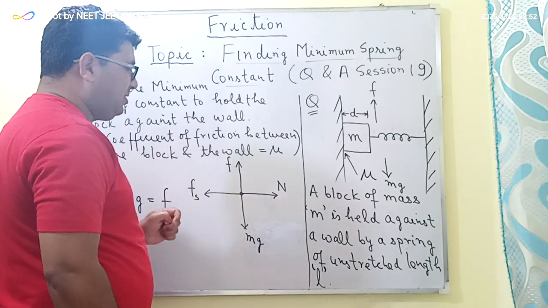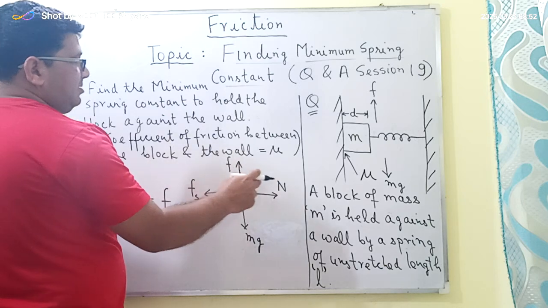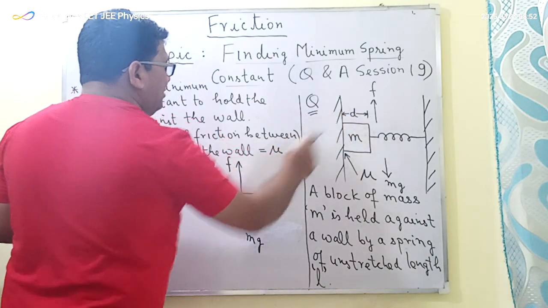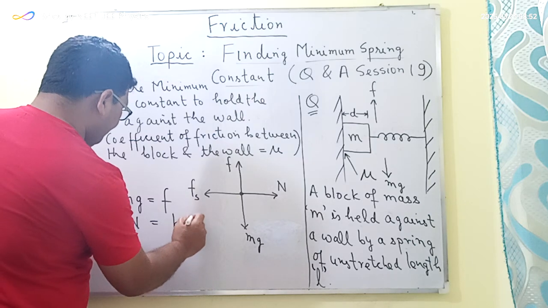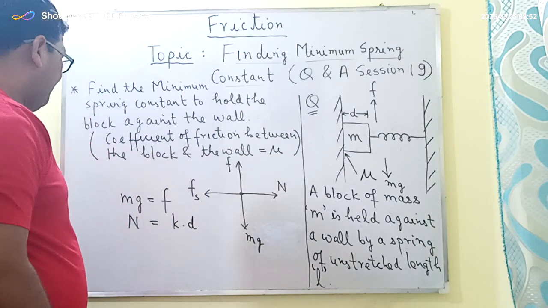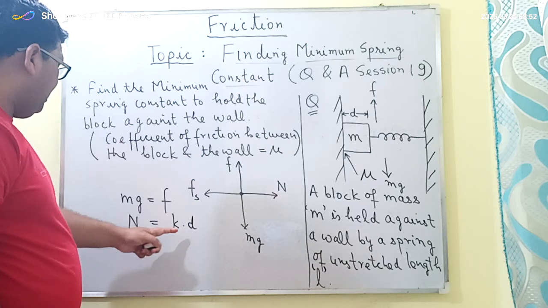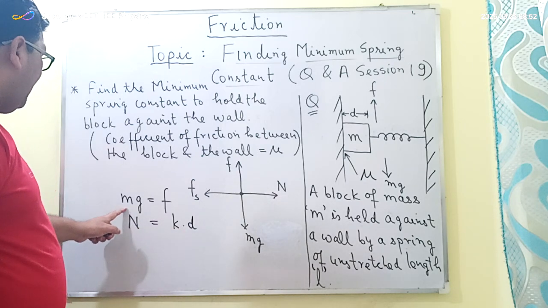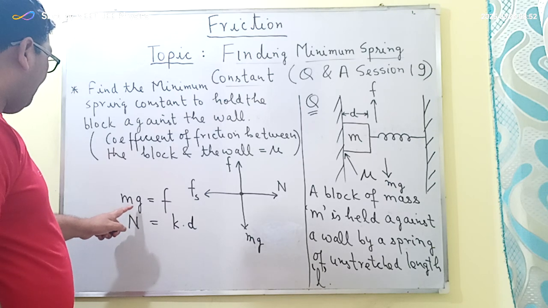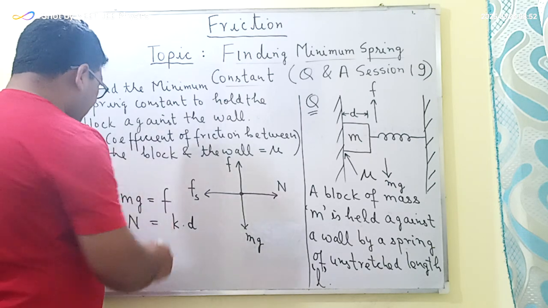Now the spring force will be equal to the spring constant multiplied by here the height of this block. Now the normal reaction is equal to k into d, where k is the spring constant, and the weight of this block is equal to the force of friction.